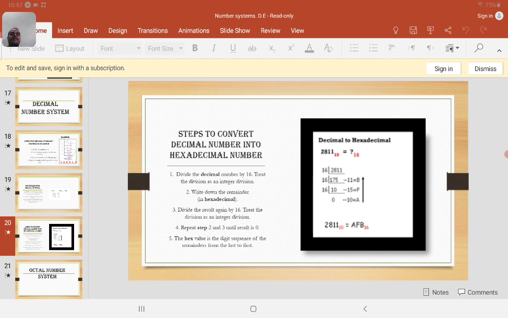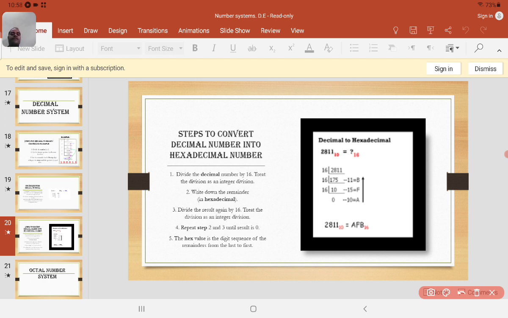In this case 2811 is given. So this 2811 is divided by 16. When we divide it, we get a quotient of 175 and a remainder of 11. This 11 is represented in hexadecimal format, that means it is equivalent to B. Next we divide 175 by 16, and in this case we get a quotient of 10 and a remainder of 15.